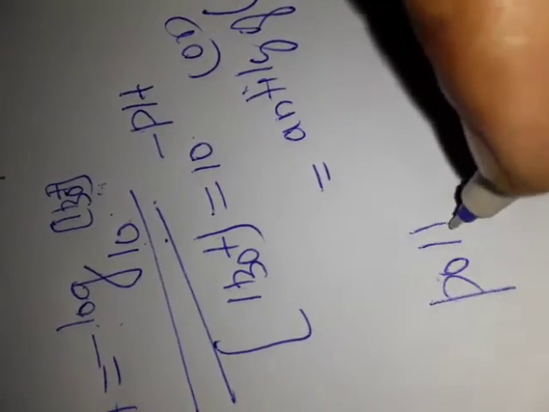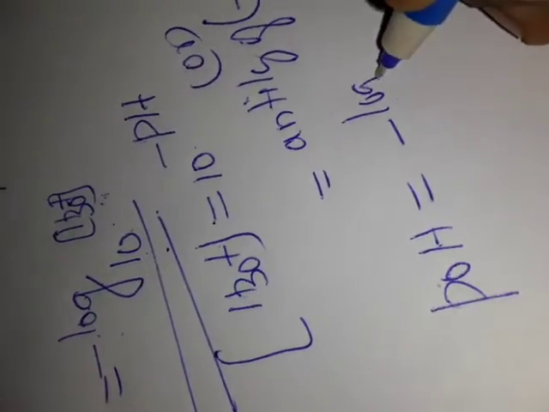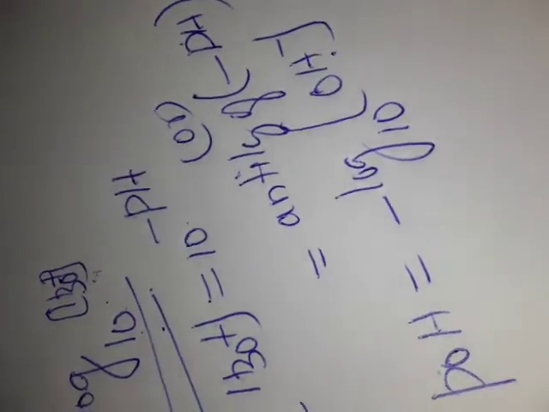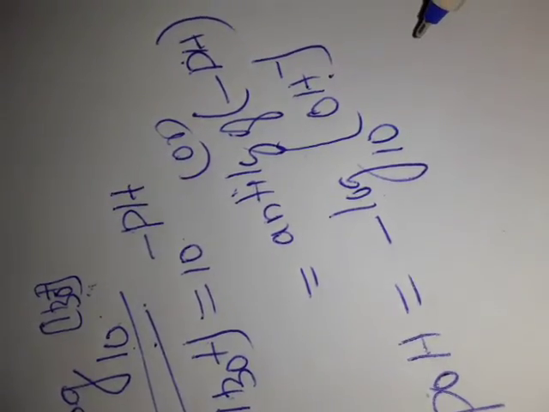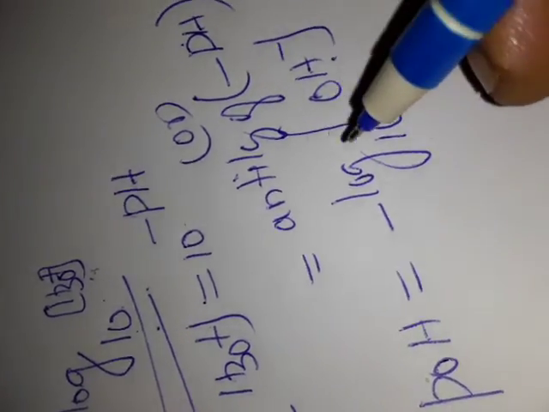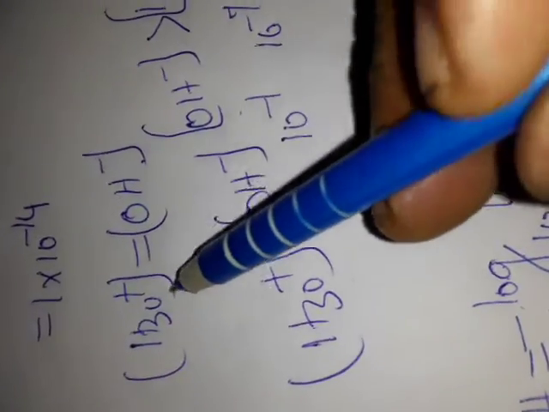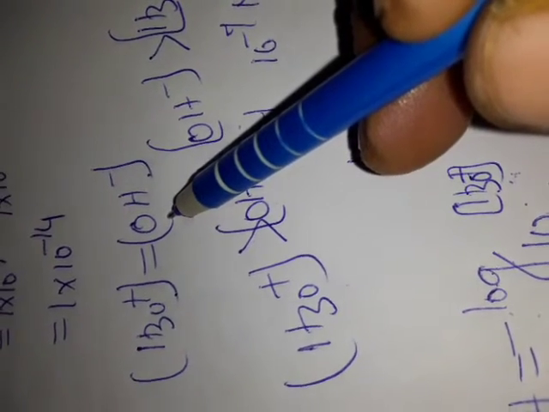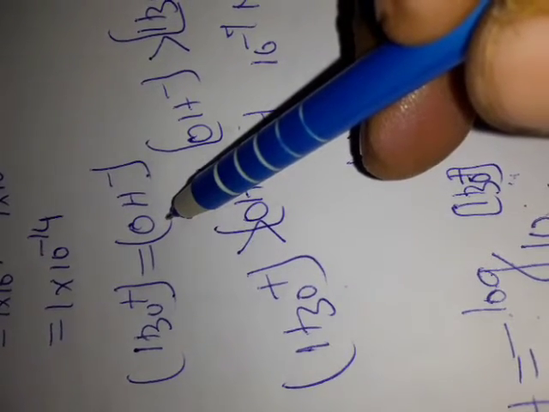Similarly, pOH is defined as minus log to the base 10 of OH minus ion concentration. As discussed earlier, in neutral solution H3O plus equals OH minus ions, which is 1 into 10 power minus 7 at 25 degrees Celsius.